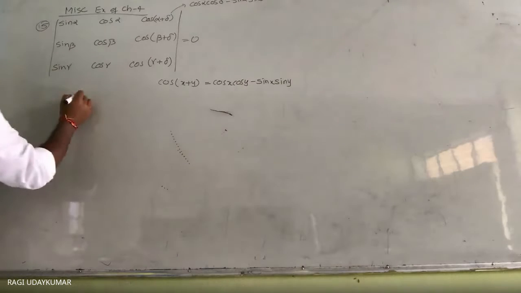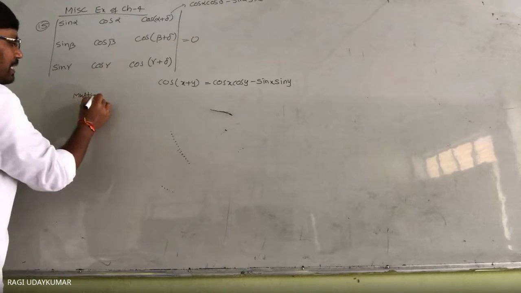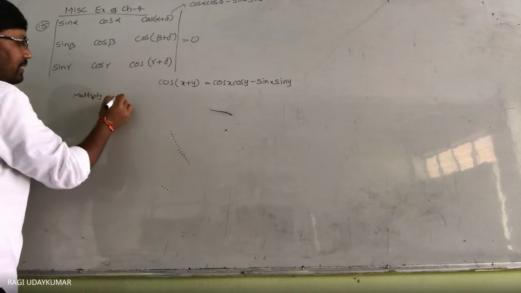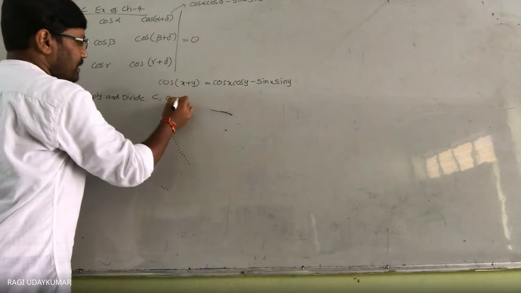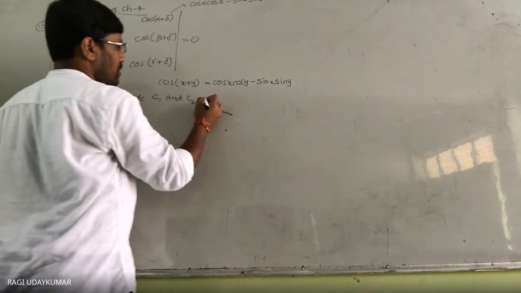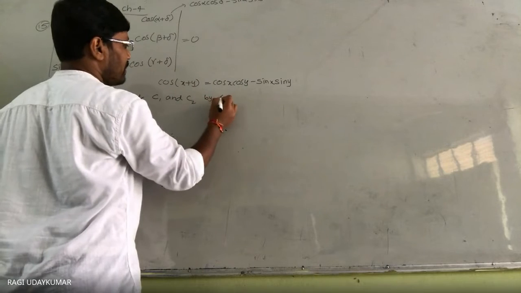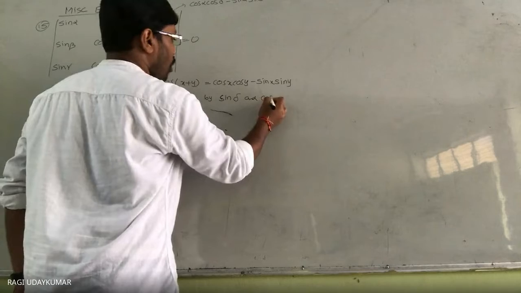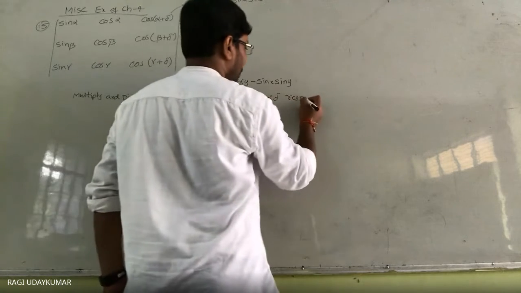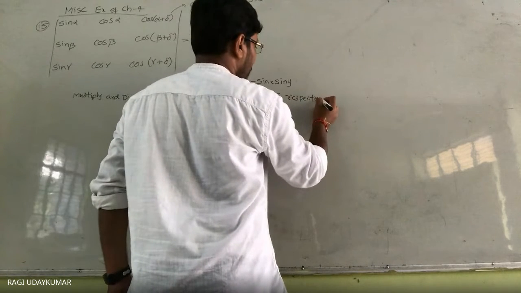So you have to multiply and divide C1 and C2 by sin delta and cos delta respectively. Why? Because we are going to get the same term.